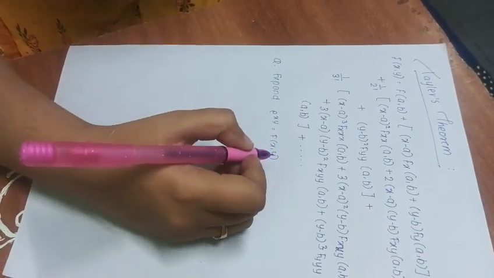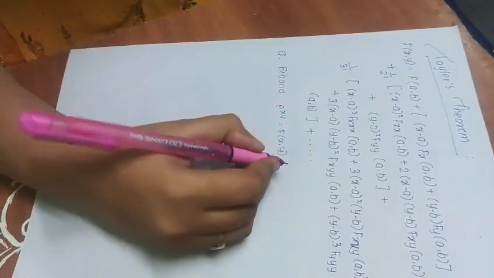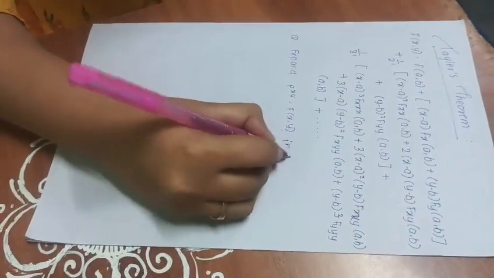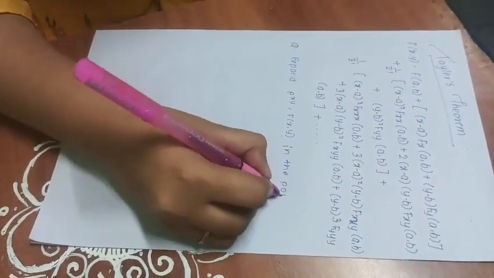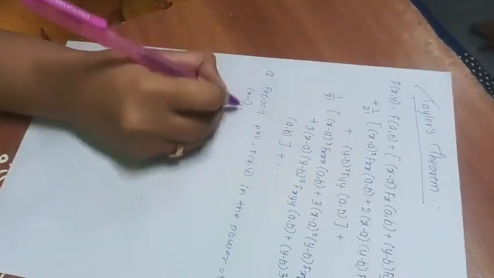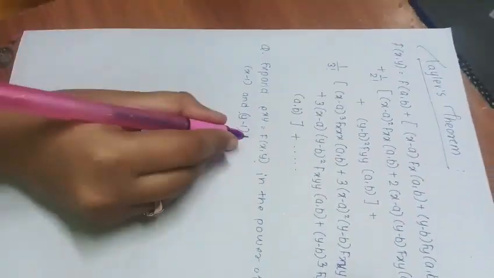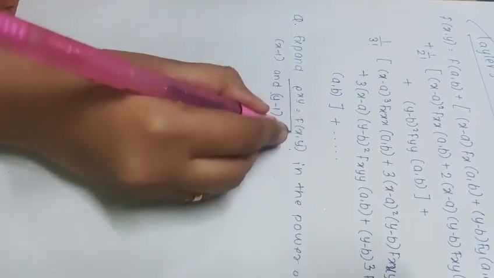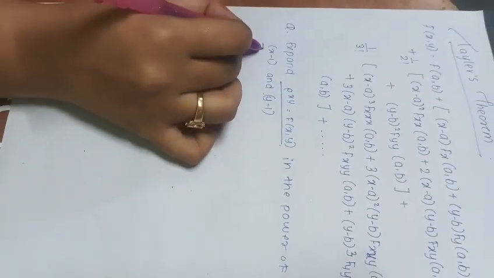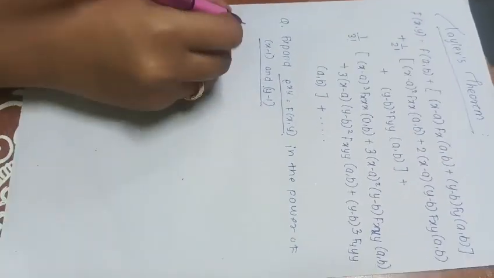Expand e raised to xy, that is f of xy, in powers of x minus 1 and y minus 1. If we observe, there is an equation given, and also the values of a and b are given.